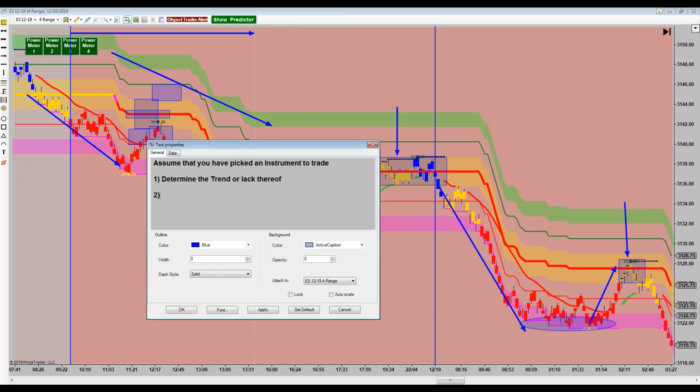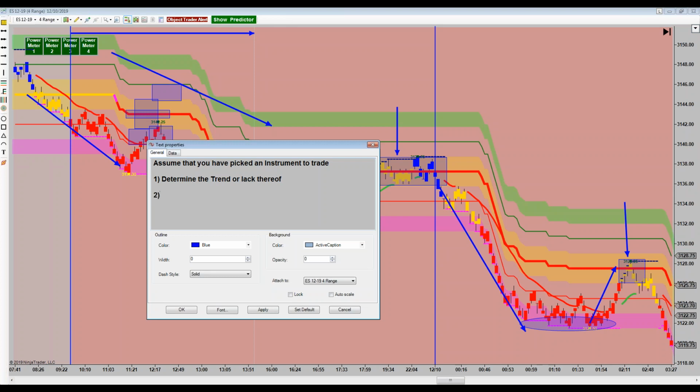What's next? Well, yeah, the lack of the trend would mean range bound or sideways, right? So the lack of a trend would be range bound or sideways. Yeah, exactly.